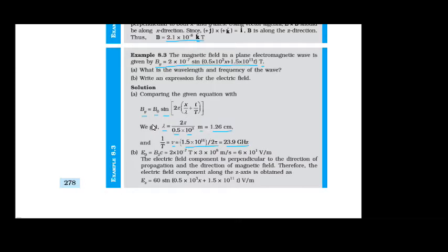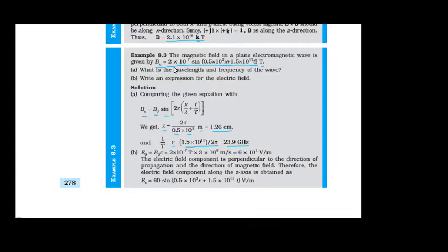So try to understand again. We know this equation, By is equal to B naught sine 2 pi (x by lambda plus t by T). Now compare this with the given equation. So what do we get here?